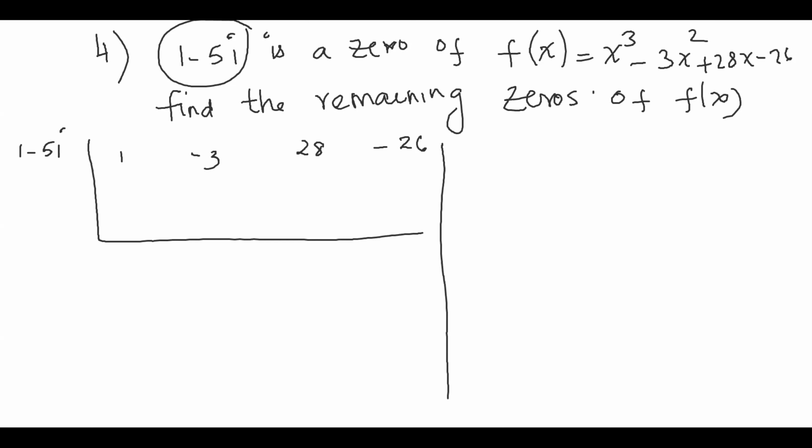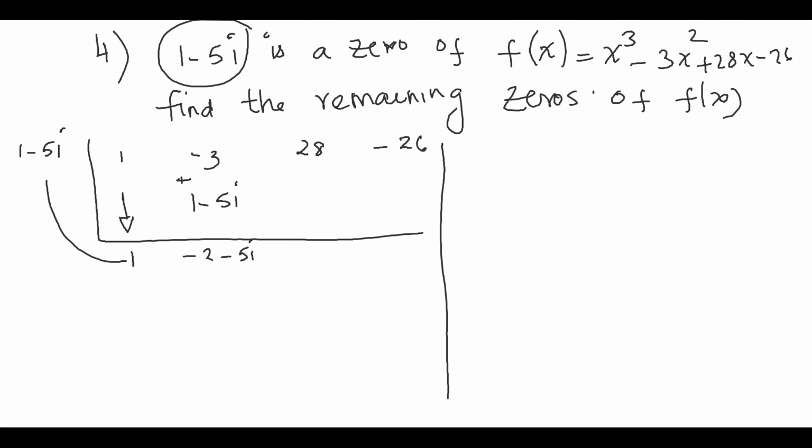For these, when you have complex numbers as the zeros, it's better we use our calculator when you are adding, multiplying or subtracting complex numbers. So we bring down the 1, 1 times 1 minus 5i is 1 minus 5i, and adding, we get negative 2 minus 5i.